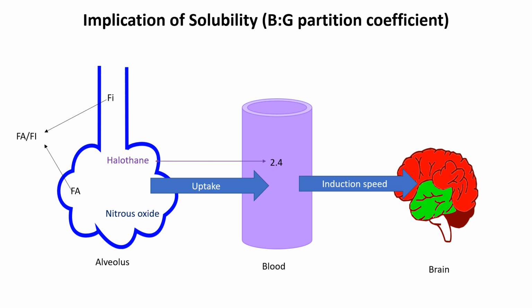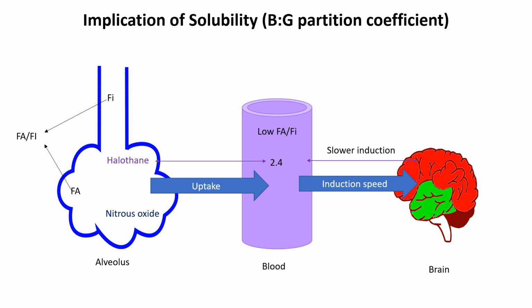When halothane is inhaled, a significant portion of the agent dissolves into the blood rather than staying in the alveoli. This high uptake into the blood reduces the alveolar concentration, preventing it from quickly approaching inspired concentration. In other words, there is a slow rise in the FA by FI ratio, leading to slower induction.